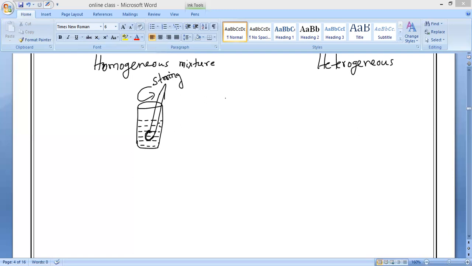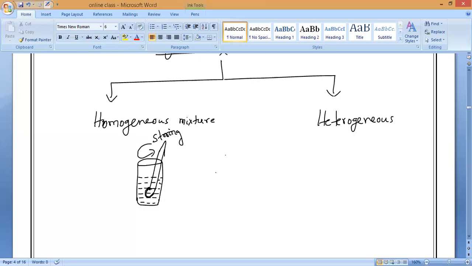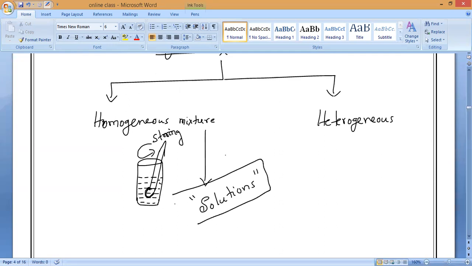What do we call it, guys? Homogeneous mixture. Hari, Reddy. So all the homogeneous mixtures, if we take them, are called solutions. What is an example of a homogeneous mixture? All of you. Solutions. Understanding? So solutions are examples of homogeneous mixtures.